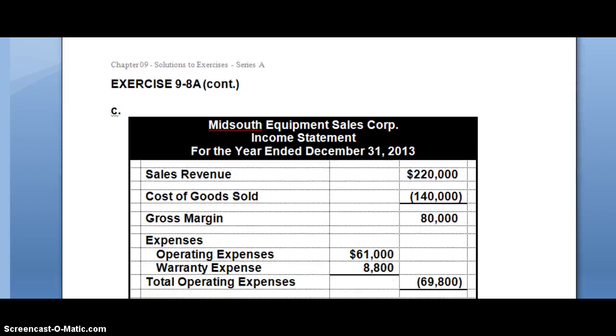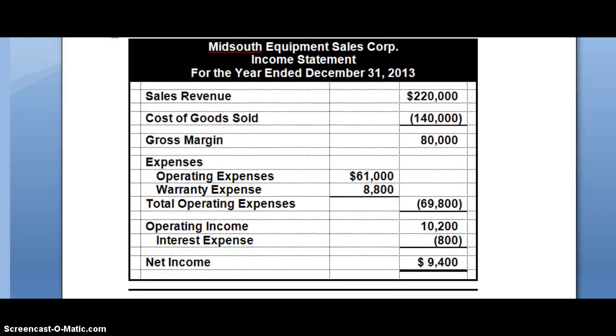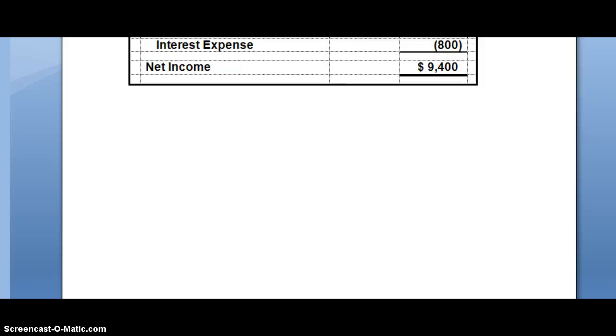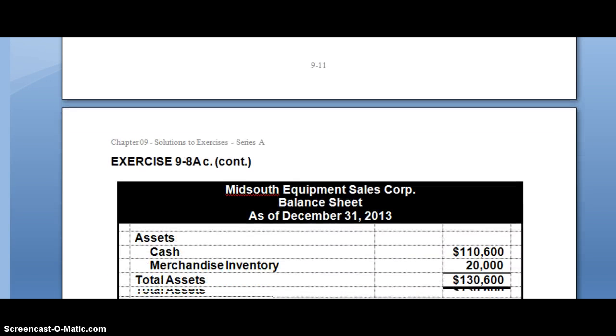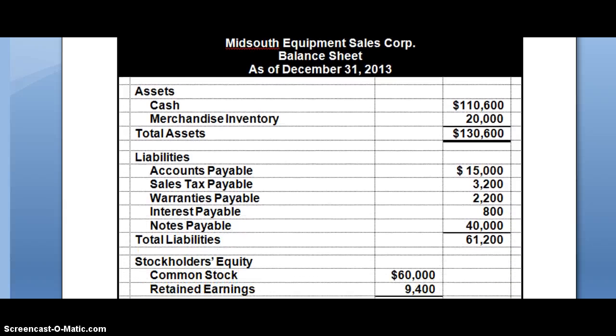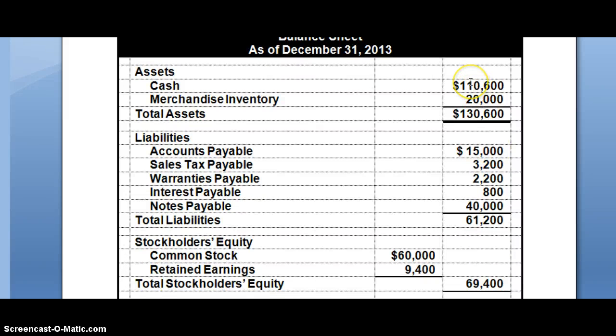Now we're going over the balance sheet. And all you're doing is moving the permanent accounts onto the balance sheet. So you're taking the cash, merchandise inventory, that's the total assets, adding up all the liabilities, $61,000, common stock, retained earnings.